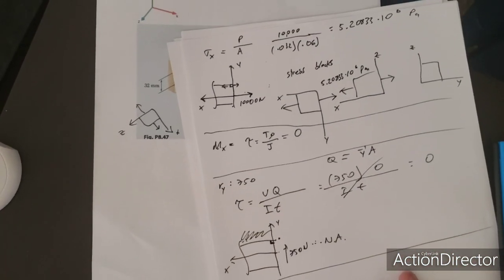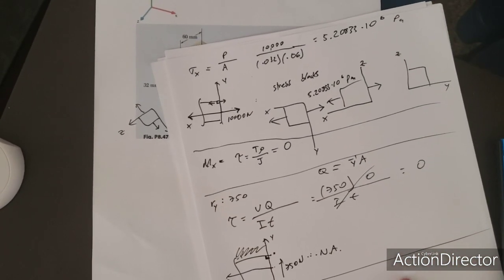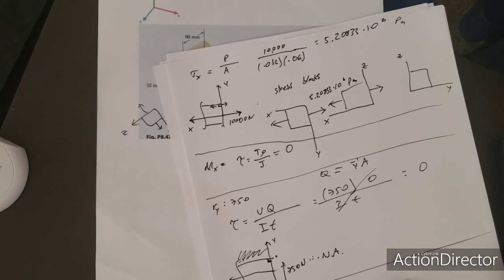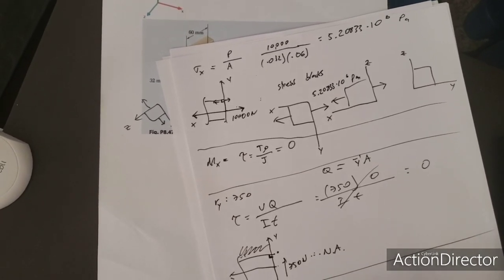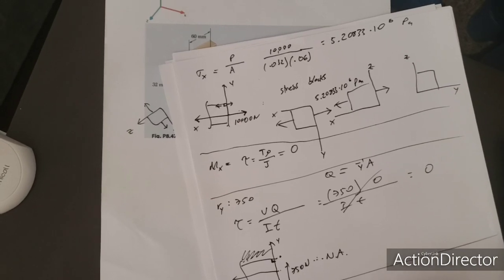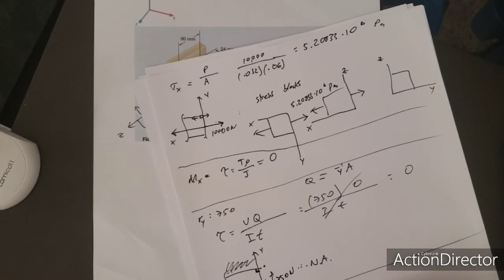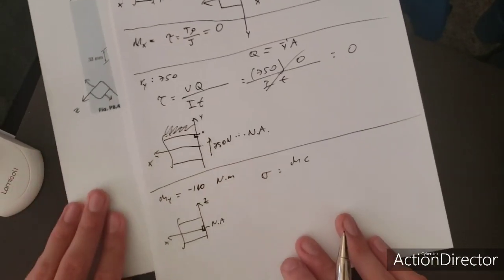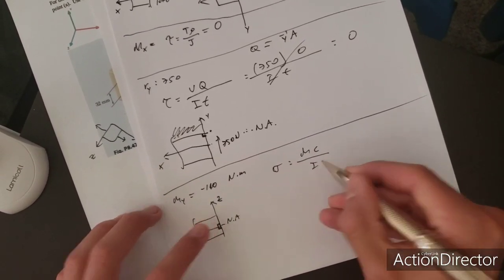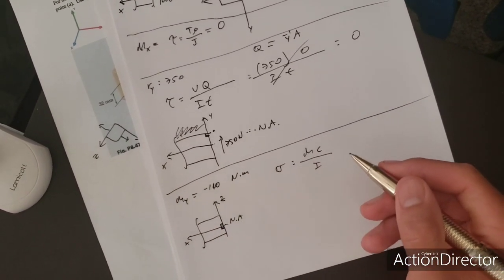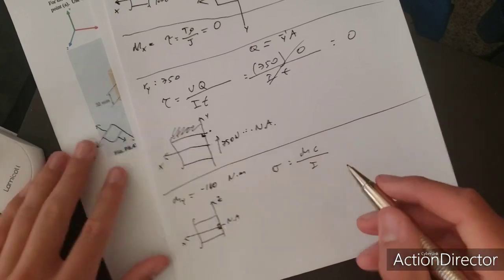And what is the formula for bending moment? I think it's just sigma. The stress from the bending moment will just be MC over I.